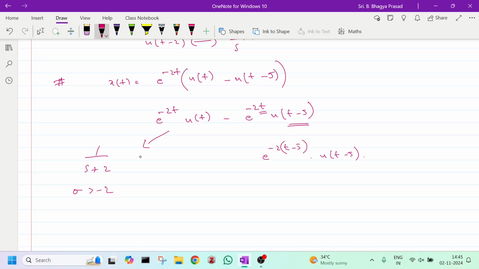Here I am making it e power minus 2t, e power minus 10, sorry, plus 10. So multiply with e power minus 10. So now you can go for the time shifting property.